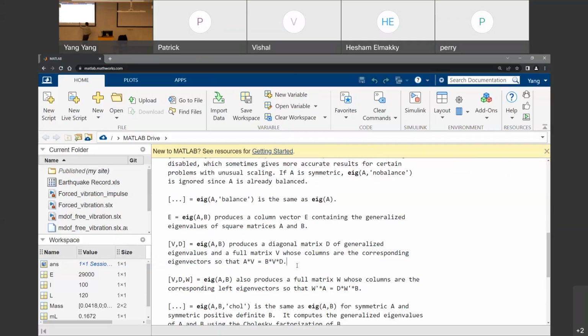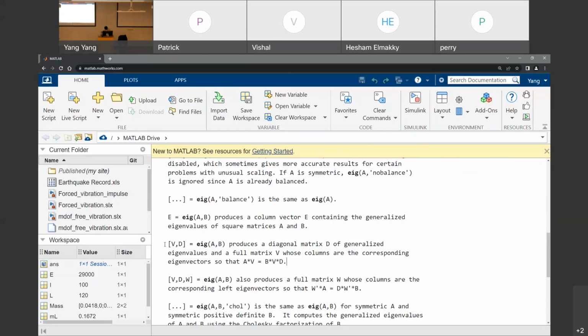Remember, for the MDOF systems, the eigenvalues are the omega square. So it looks like the right side, the B, should be the mass, because this is K times the displacement equal to the mass times the displacement times omega square.